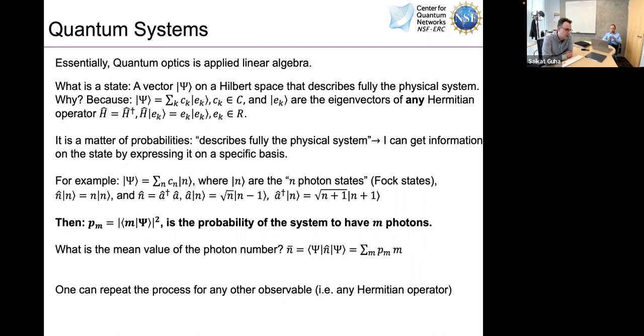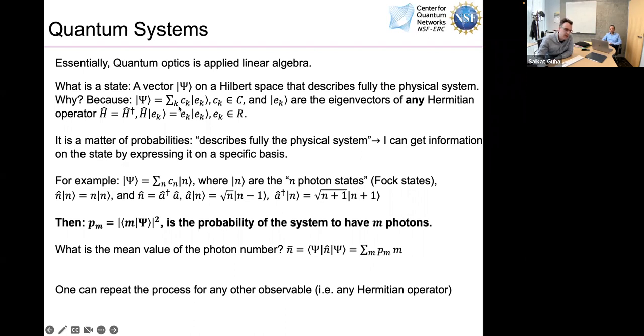Well, if you have a Hilbert space, then you can have some Hermitian operator H, and you can use the eigenvectors of that Hermitian operator as your eigenbasis to represent any state psi on the specific eigenbasis, multiplied with some complex numbers which are called c_k.